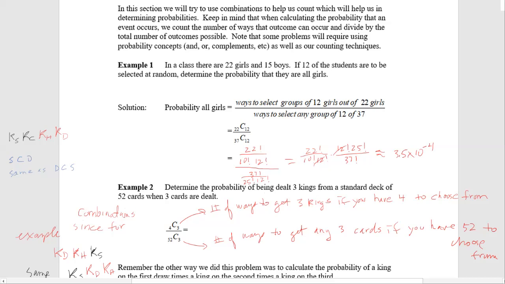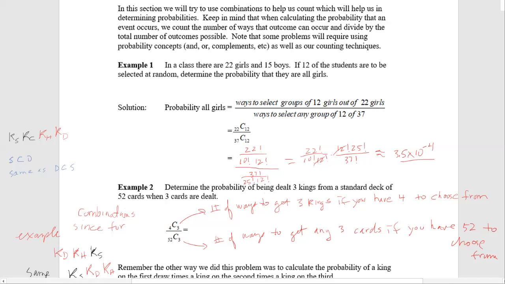It's the same group, whatever order those 12 are in, it is the same group of 12. So it is a combination that we're looking at. And the ways to select any group of 12 from the 37. So these are the numbers, and we put them together and we get approximately this number.